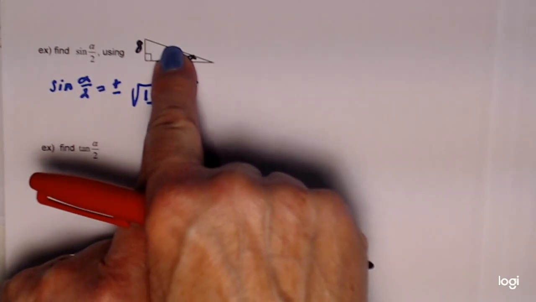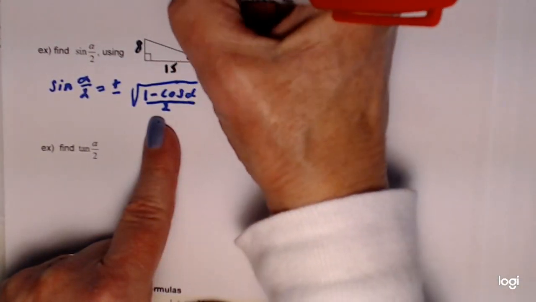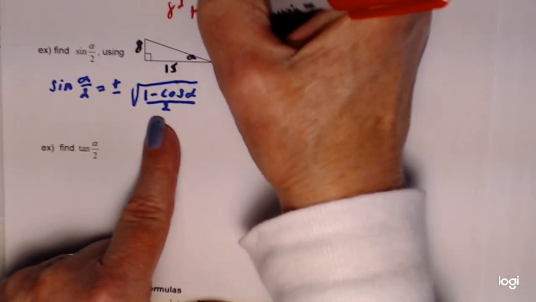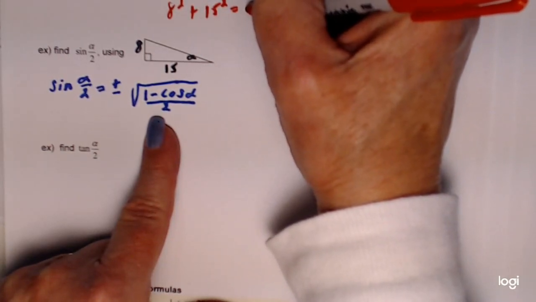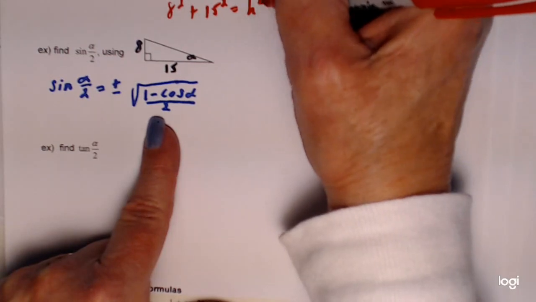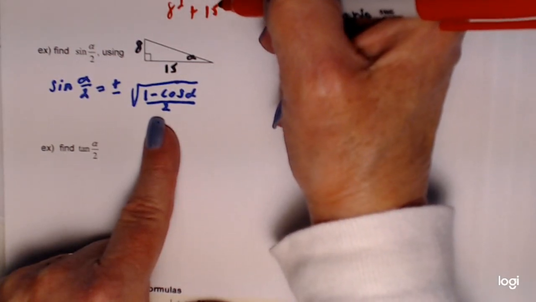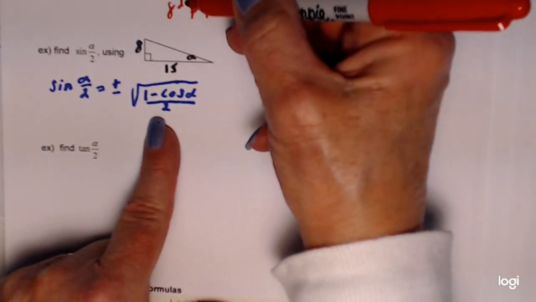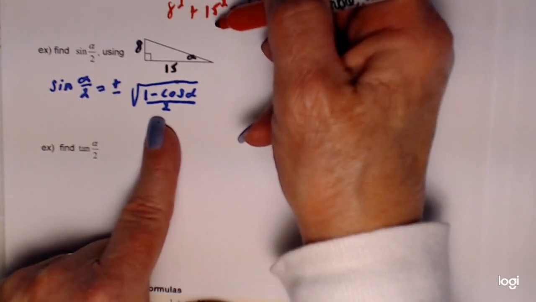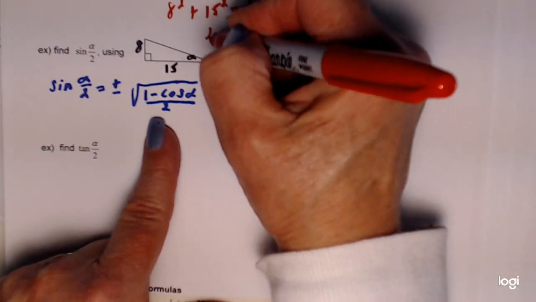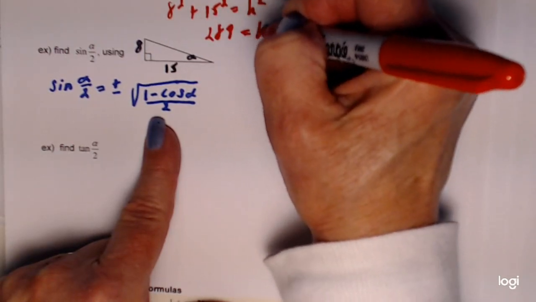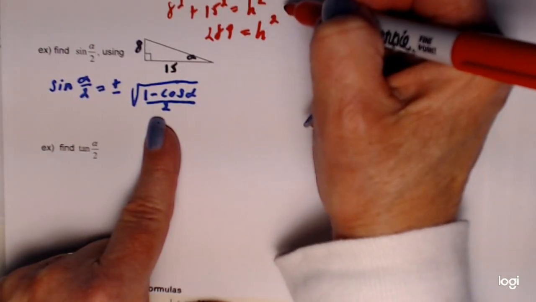So this hypotenuse, we're going to use Pythagorean theorem, 8 squared plus 15 squared is equal to, I'll call it h, or h squared. So here we have 8 squared is 64, 15 squared is 225, 64 and 225. We have 289 is equal to h squared.